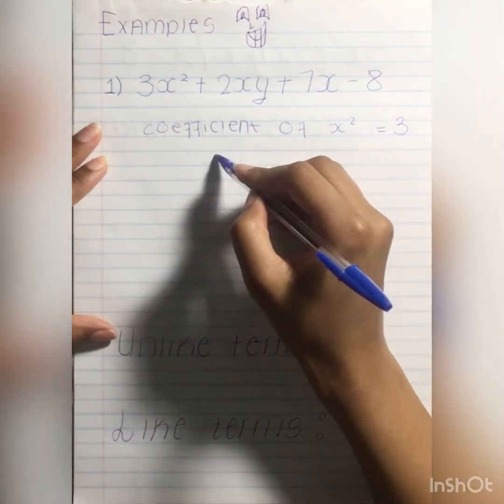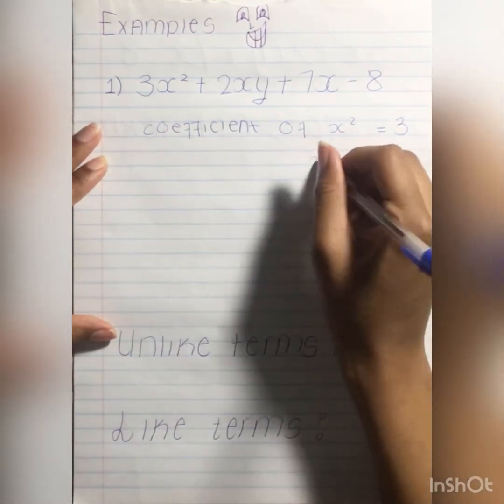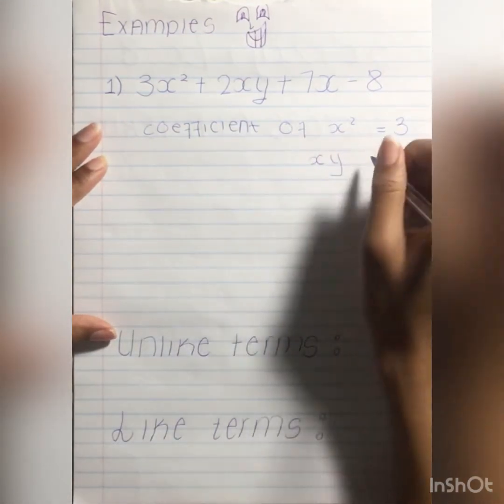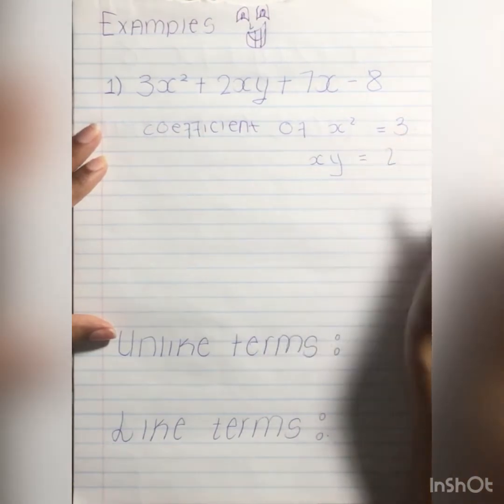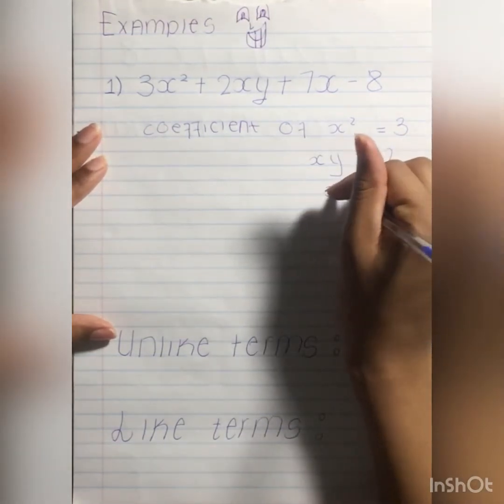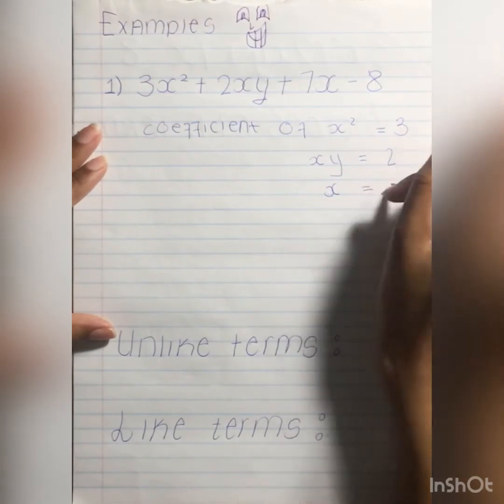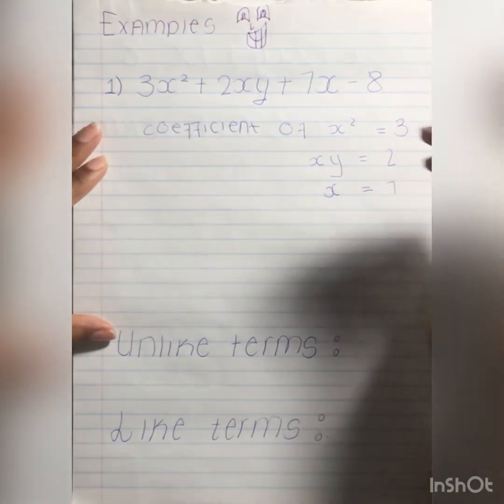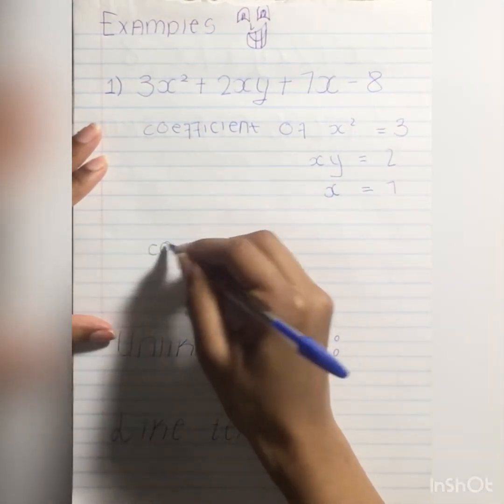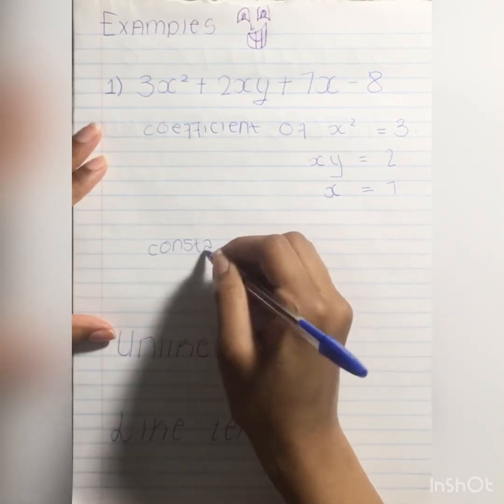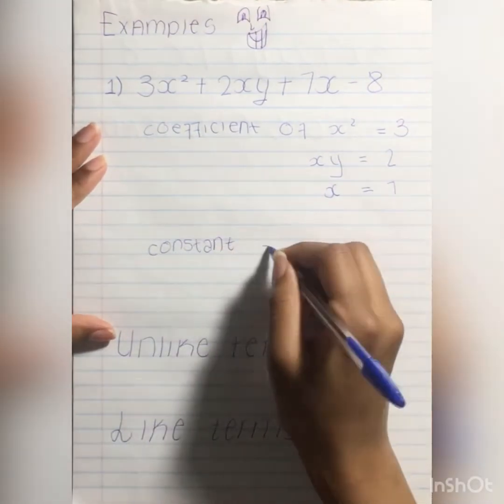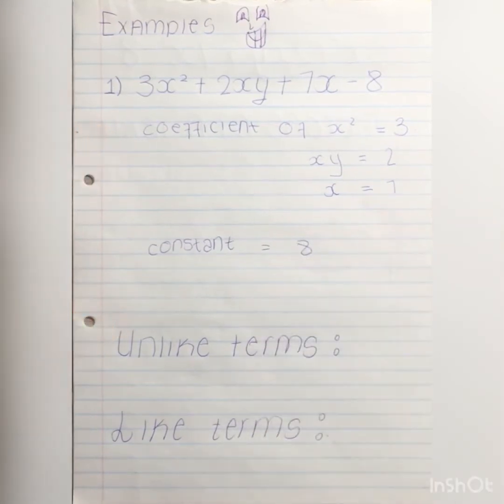The coefficient of xy is 2, and the coefficient of x alone is 7. The constant is in fact 8, correct?